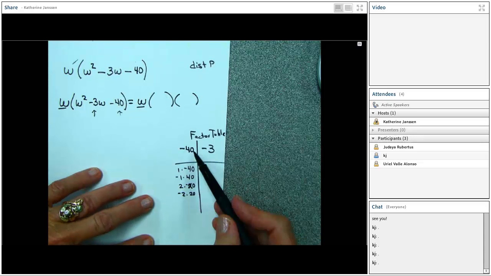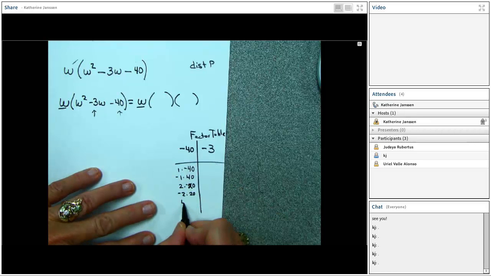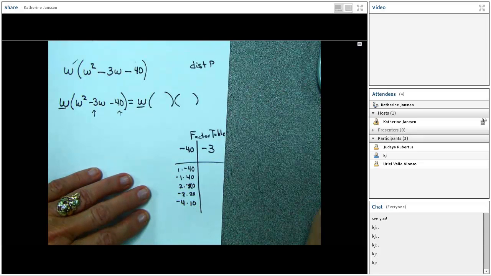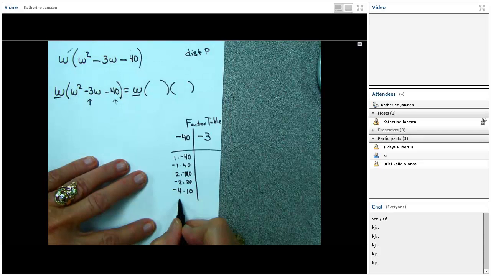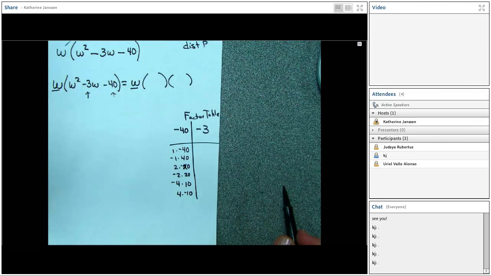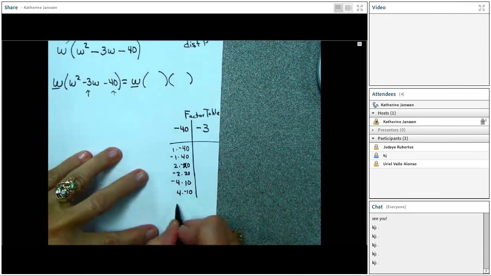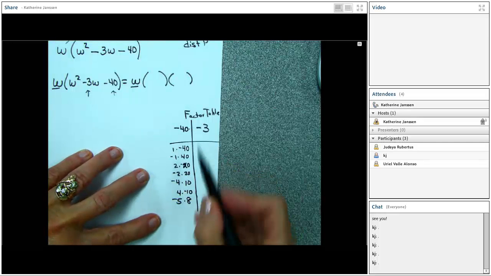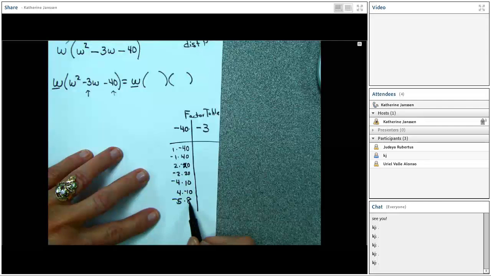3 doesn't go into 40. 4 does. 4 times 10. A negative 4 times 10 would be negative 40. When I add, I get positive 6. 4 times a negative 10, negative 6. 5, let's see, negative 5 times 8 would be negative 40, and adding, I get a positive 3.